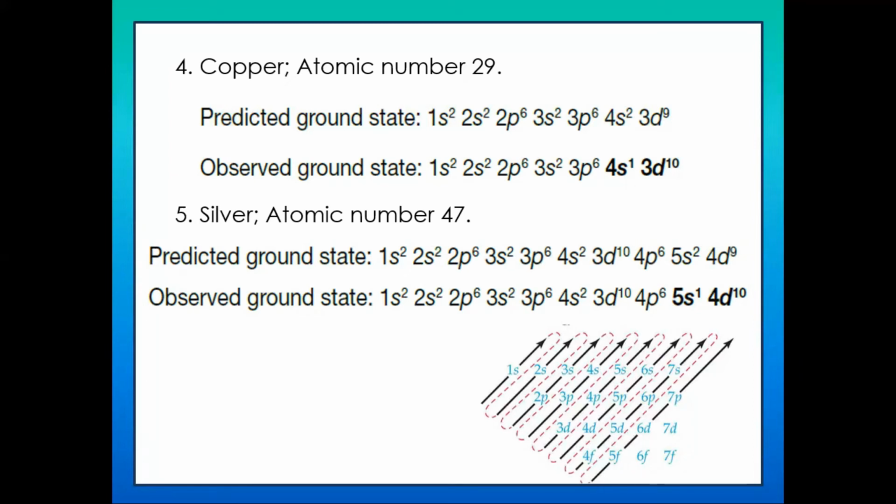Fill in the lower energy level first before the higher energy level, like with 3d and 4s. Okay, 4 has a higher main energy level than 3. So, let's complete 3 first before proceeding to 4. Okay, like with 5, let's fill in 4 first before filling in the electrons for 5s. Okay, so hopefully you follow that one.